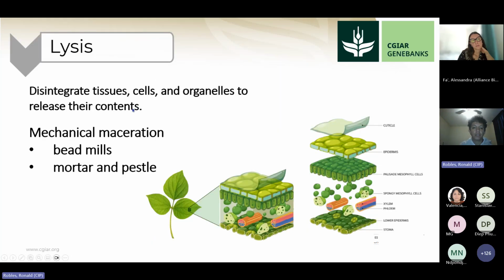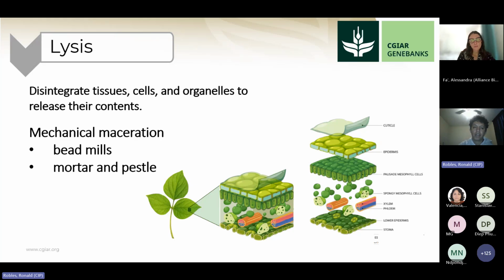The next step in which the DNA extraction will be seen in detail is the lysis of the tissue we are collecting. In this step, the main objective is to disintegrate all the cells.